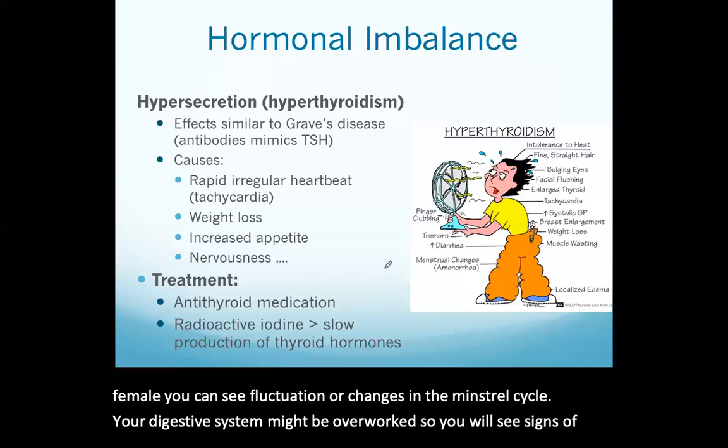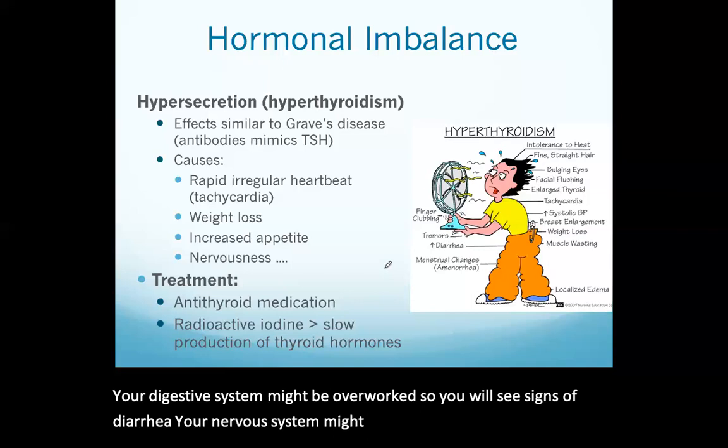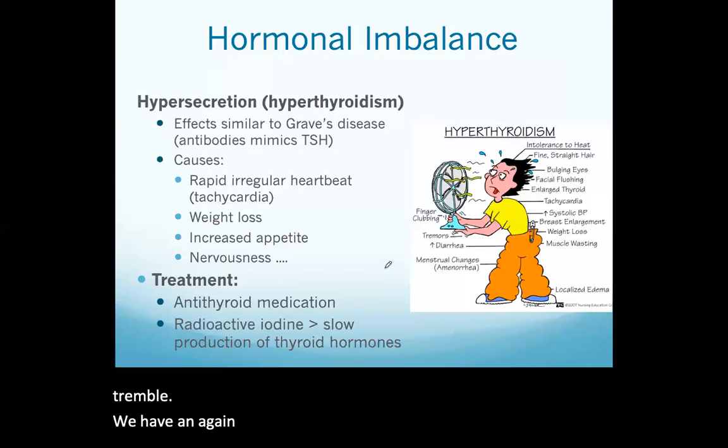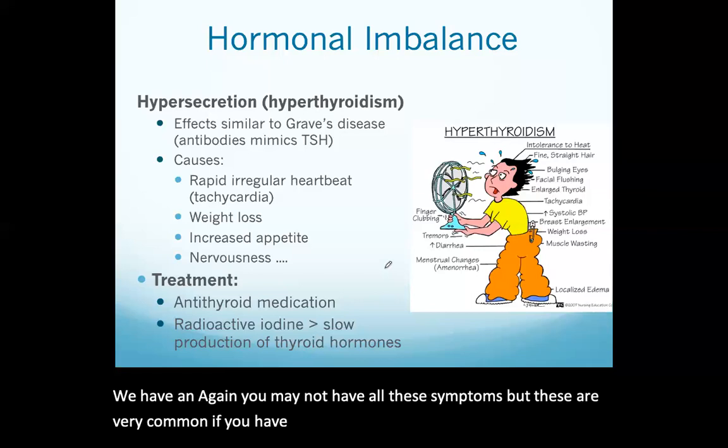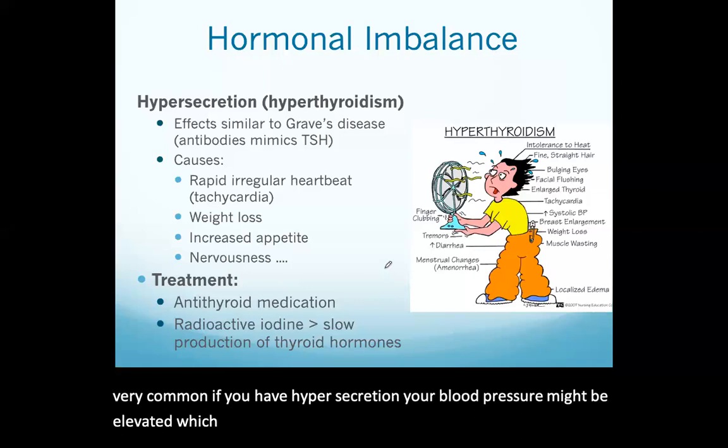Your nervous system might be affected, causing muscles to tremble. Again, you may not have all these symptoms, but these are very common if you have hypersecretion. Your blood pressure might be elevated, which is basically increasing your systolic blood pressure, and you may or may not have an enlarged thyroid.